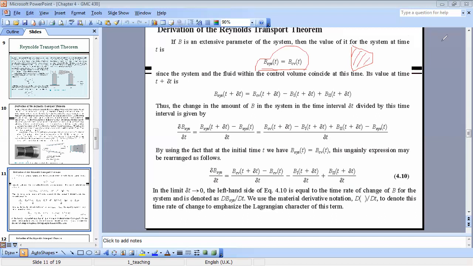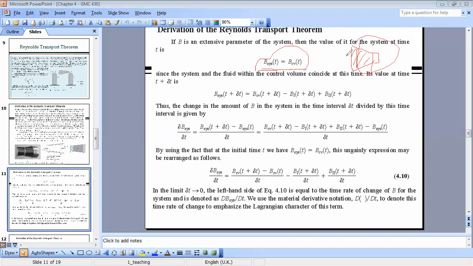After a small time step, the control volume will remain at its place, while if I follow the particles, one part of them will get out, and these particles here will move to this location. So now my system is in a new position.